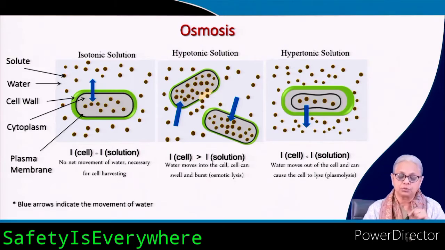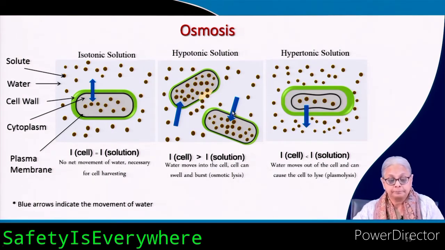So it's the same principle over here. It will absorb water and it will continue to absorb water to the point that it may swell and burst. So you may get what is called osmotic lysis, which doesn't happen with raisins.